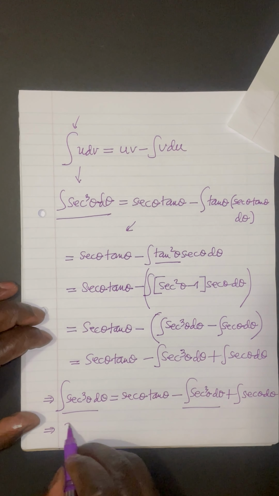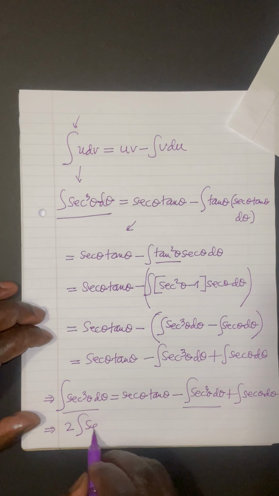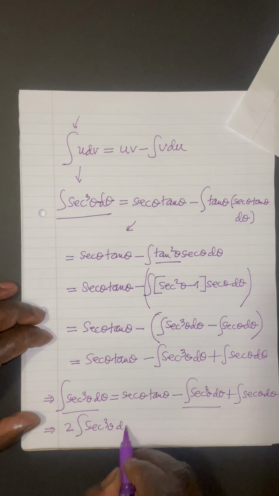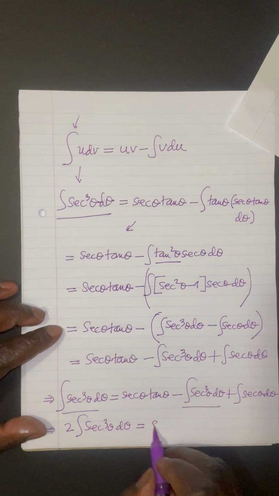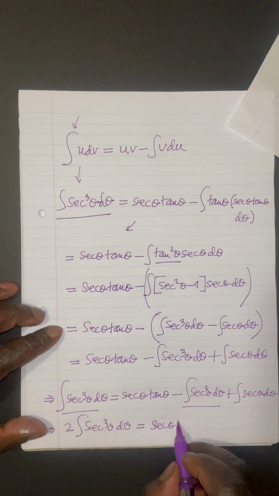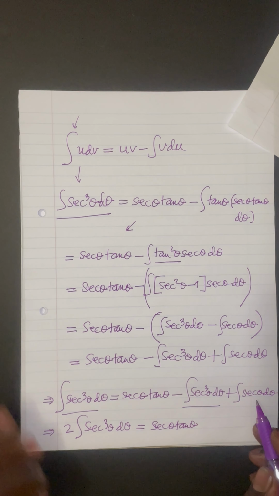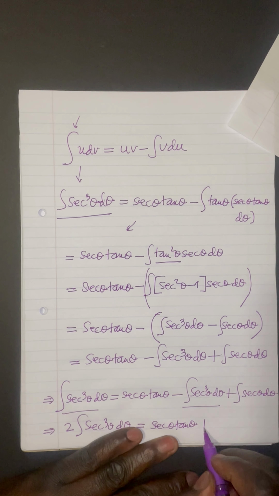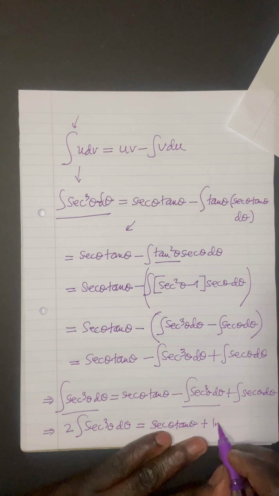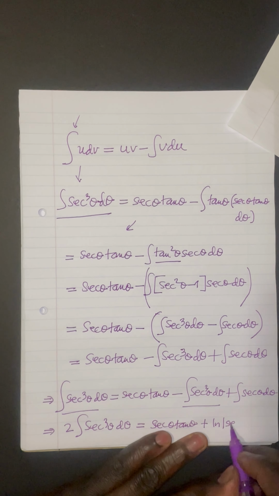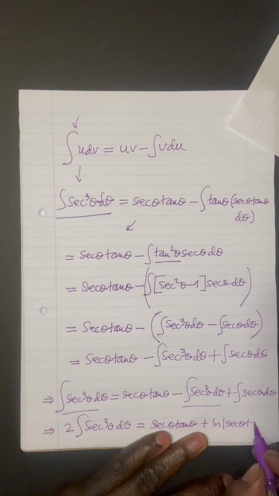We're going to get twice the integral of sec cubed theta d theta, and this is equal to sec of theta tan of theta. The integral of sec theta d theta is actually natural log of the absolute value of sec of theta plus tan of theta.